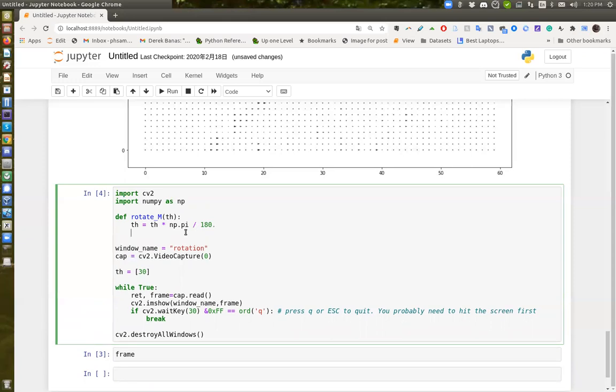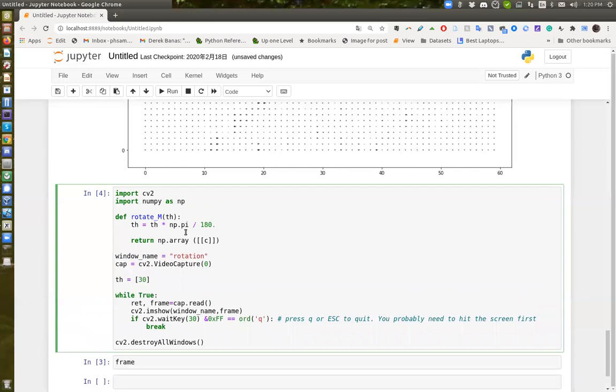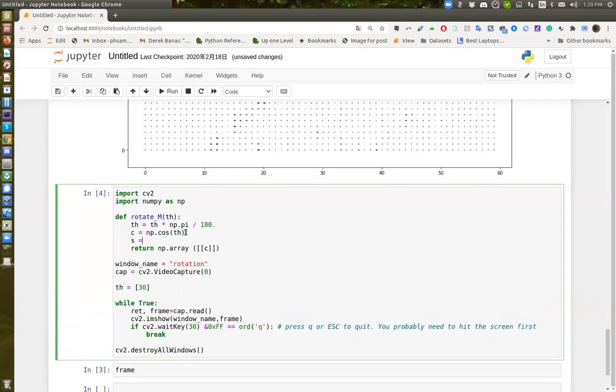Then my rotation matrix is just cosine theta. It's actually a lot of typing. Maybe I just define cosine and sine first. Cosine would be cosine theta, and sine is just s, the sine of theta, let's say.